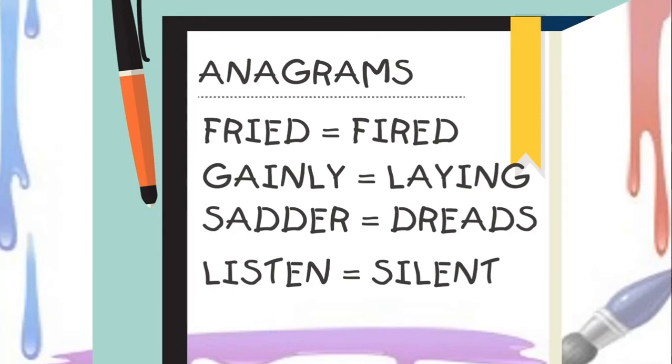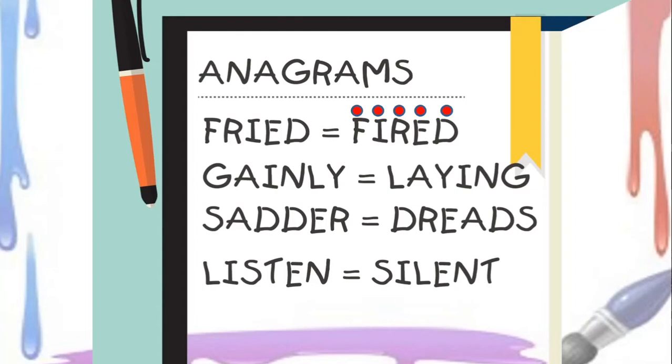We have F, we have R, we have I, E and D. Okay, so all the letters in the word fried are there in the word fired. So they are anagrams of each other.